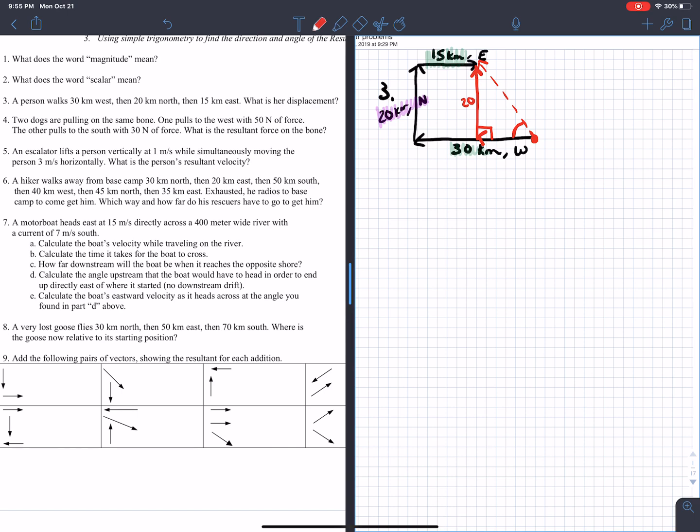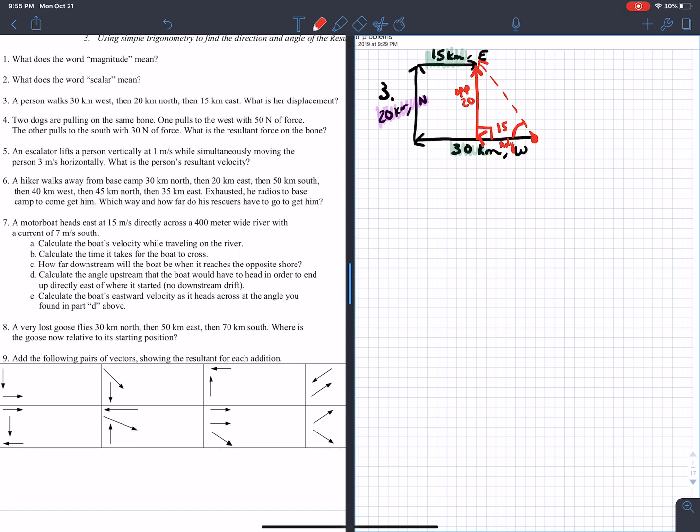And if this part right here is 15, then that means that this part over here is 15 as well. Okay, so you have your sides. You have your opposite side here. You have your adjacent side right here. You're left to find the resultant.